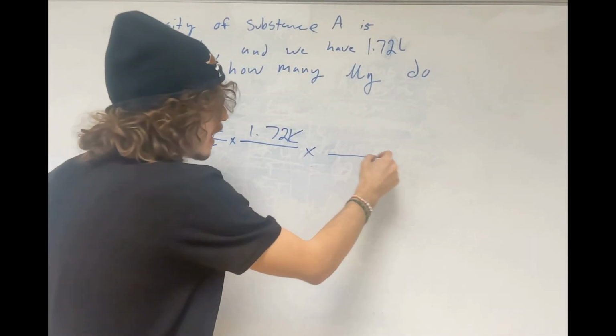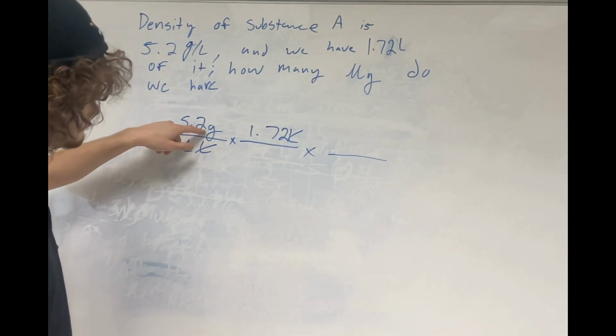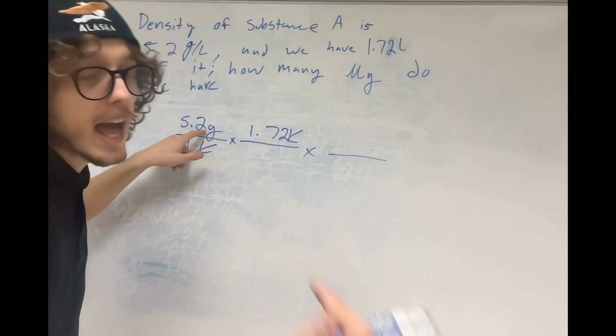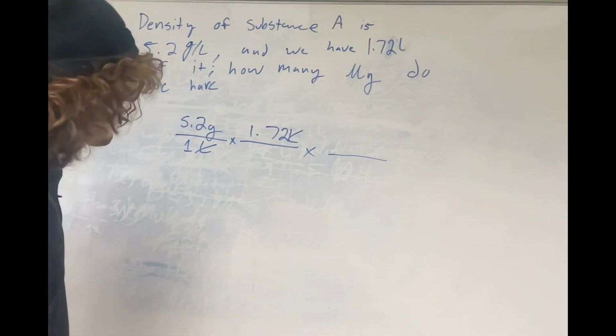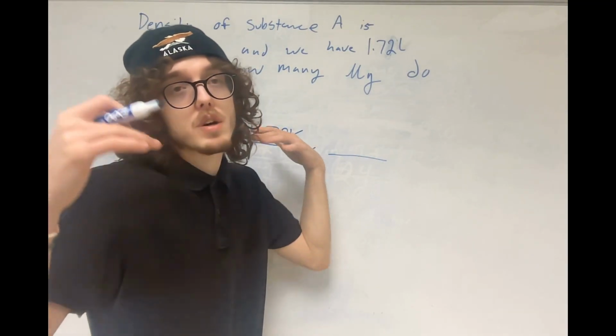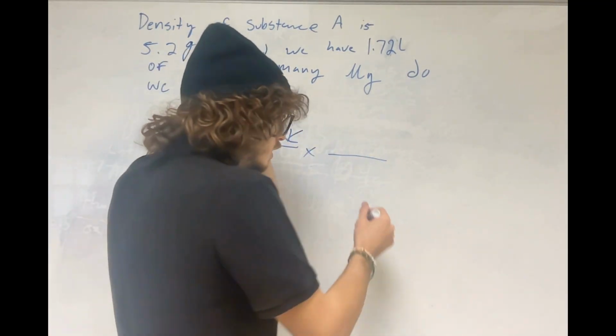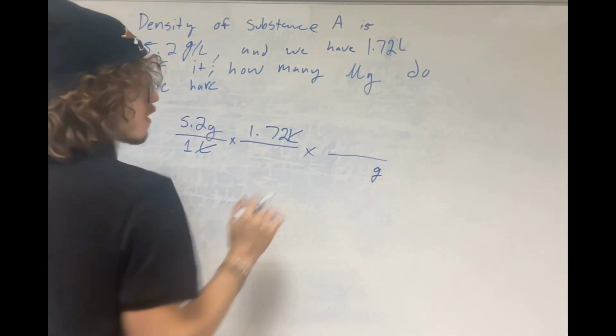But when we output grams, that's not exactly what we want, right? We want it in a mass, which we have. It's just not in micrograms. So let's think about this. And this is how we're going to do this. We're going to do a conversion factor like we've seen. So on the bottom, we want grams such that it cancels out the grams.